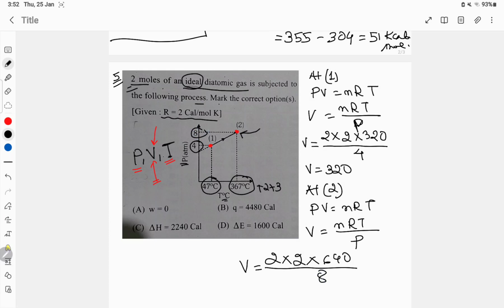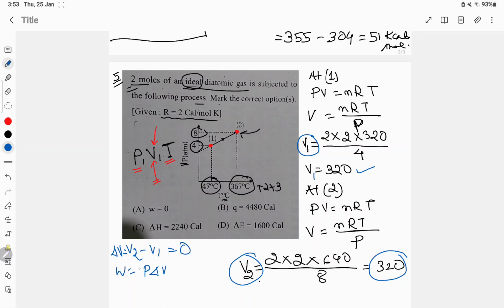After calculation, 320. Let it be V1 and V2. Here V1 is 320, V2 also 320, so delta V, V2 minus V1, is equal to 0. Clear? Work done is equal to P delta V, so work done is equal to 0 since there is no change in volume. So the correct answer is A.